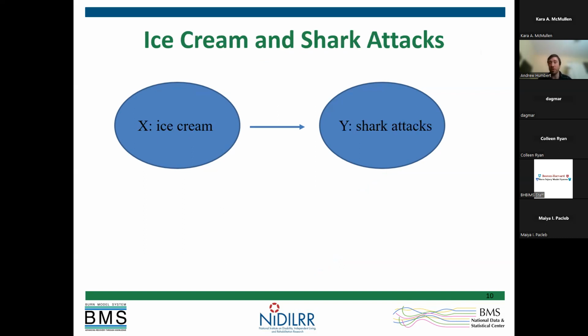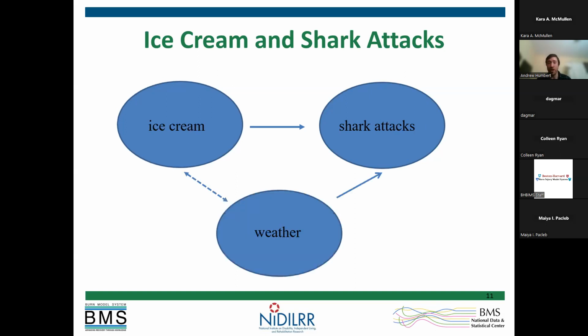So if we think of it in terms of the ice cream and shark attacks, what we're really interested in is, how does ice cream affect shark attacks? What's that causal trend? But once we add weather to this, we have the ice cream and shark attacks, that's the line we want to measure right here. We're assuming that the weather causes shark attacks, through that discussion of hotter weather, more people swimming, leads to more shark attacks.